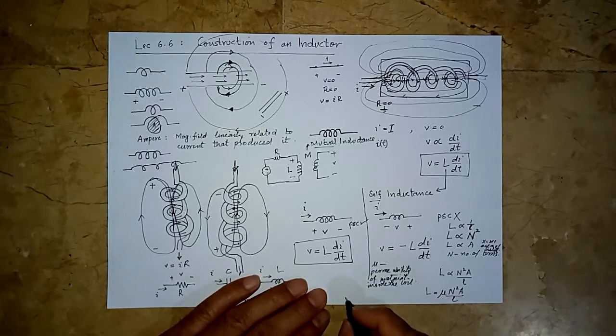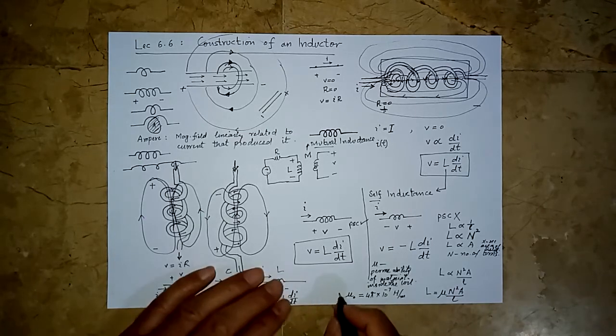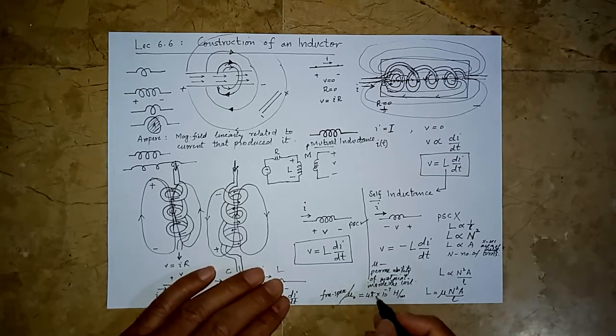The permeability of free space is known as mu naught and is taken to be 4 pi into 10 raised to the power minus 7 henries per meter. So this is the permeability of free space or air. They are very close. And for other materials, this may be different.